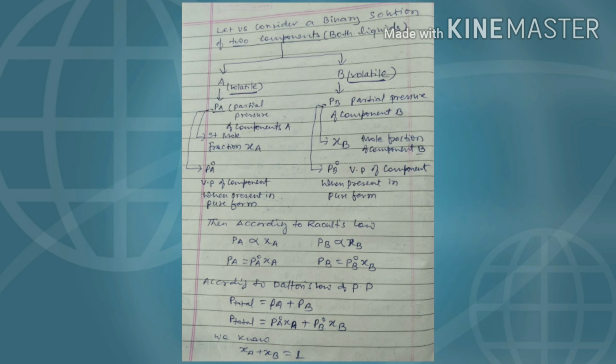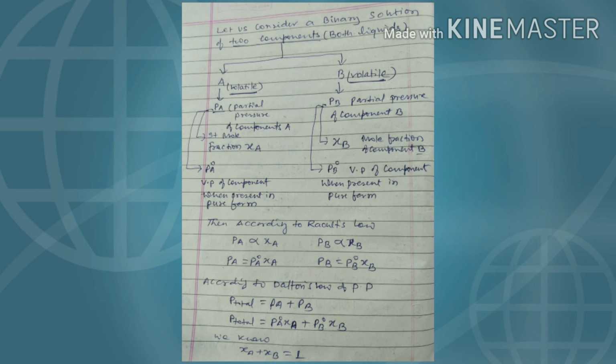PA is equal to PA naught XA, PB is equal to PB naught XB. According to Raoult's law and Dalton's law of partial pressure, P total is equal to PA plus PB. P total is equal to PA naught XA plus PB naught XB.